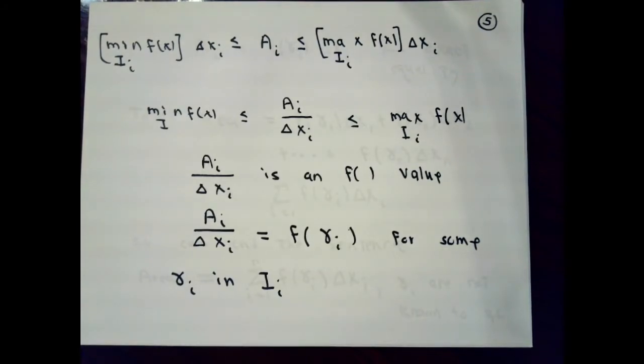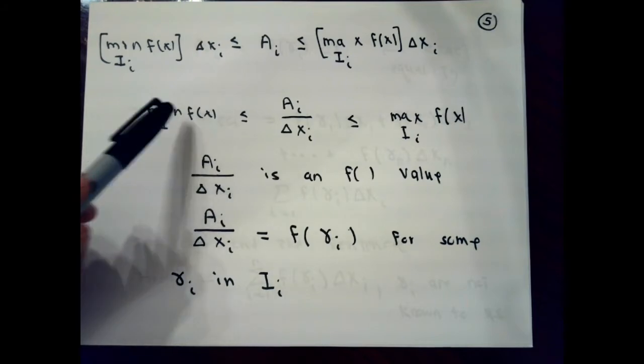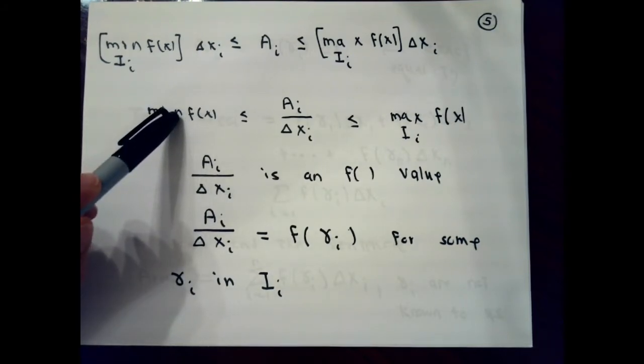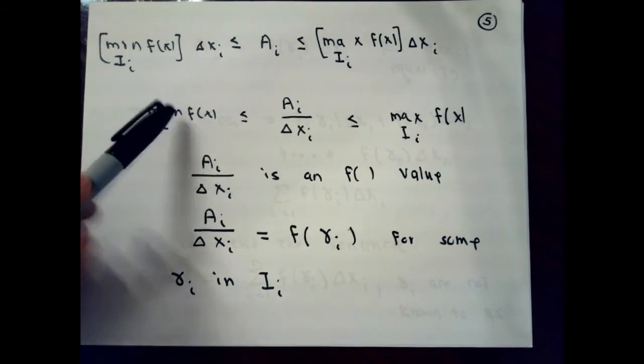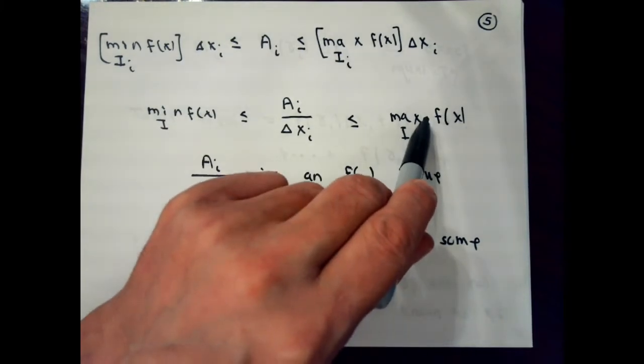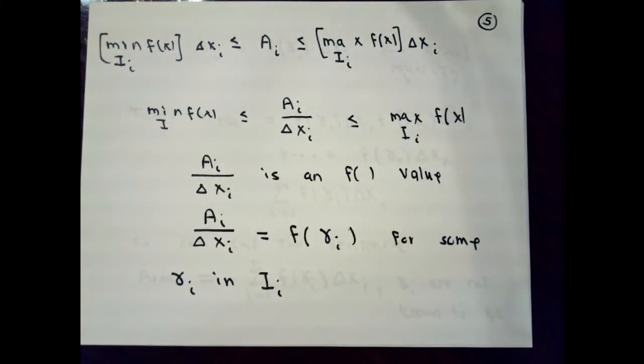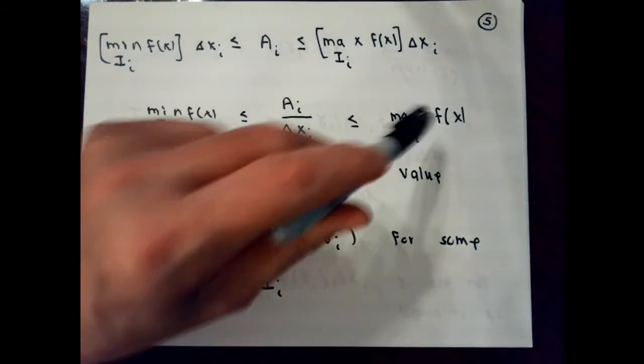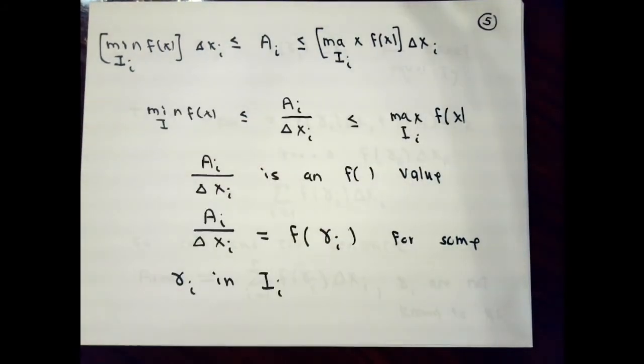Since lengths are positive, I can divide through by delta xi and not mess any inequality signs up. This is a function value in subinterval number I. This is another function value in subinterval number I. If f is continuous, then every number between the maximum and minimum is a function value.